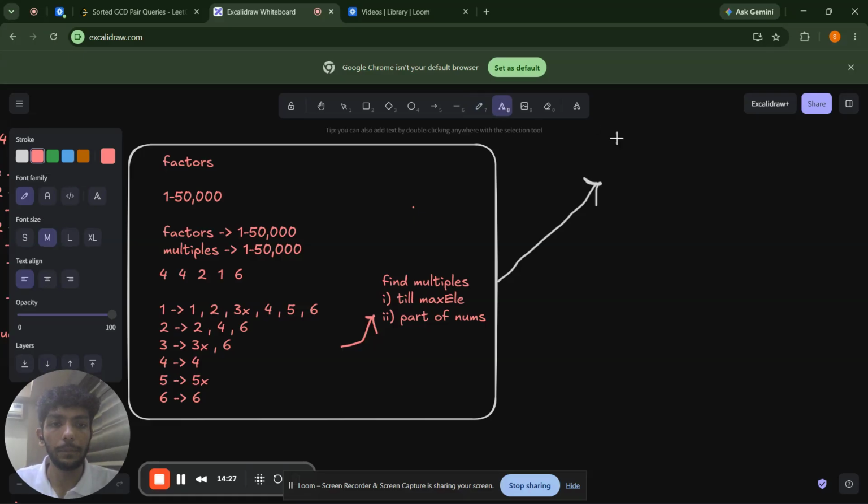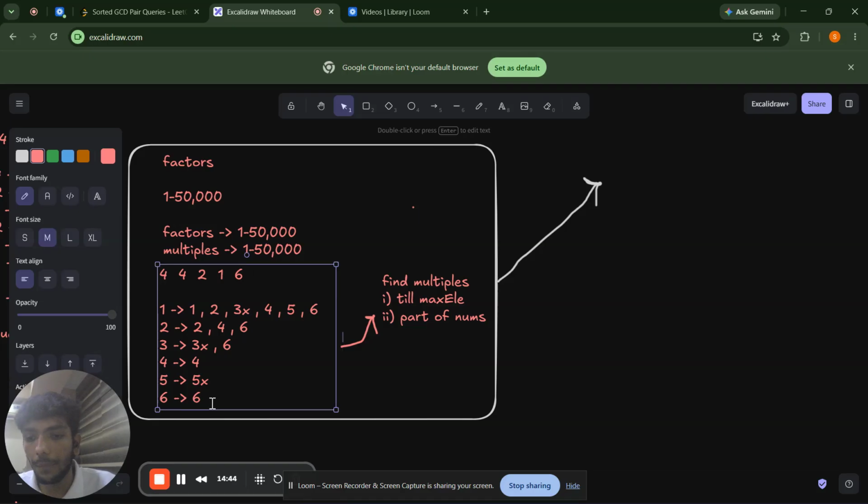How will we do it? The factors list is also from 1 till 6, because if the maximum number is 6, finding the multiples of 7 is also not useful, because 7 cannot be a GCD of any of these possible numbers in the array. Suppose 7: we have found that 7 is a multiple of 7, but can this 7 divide any of these?